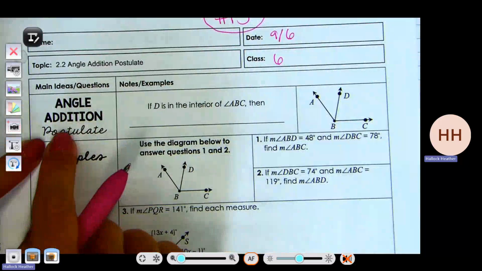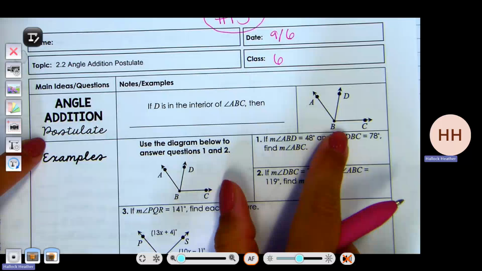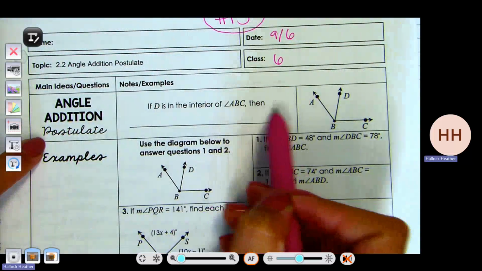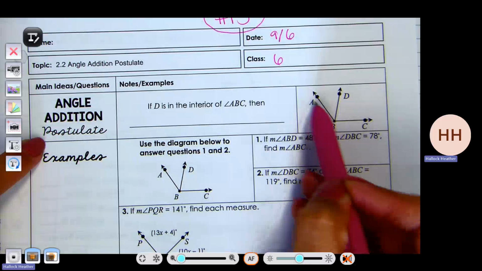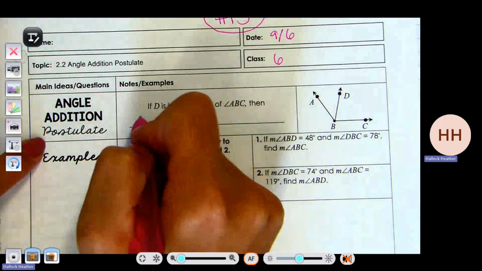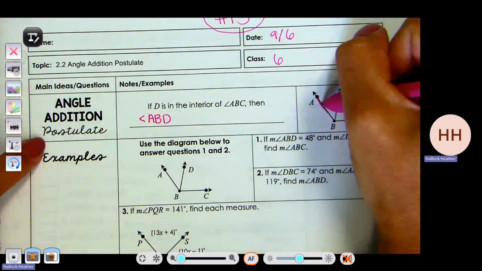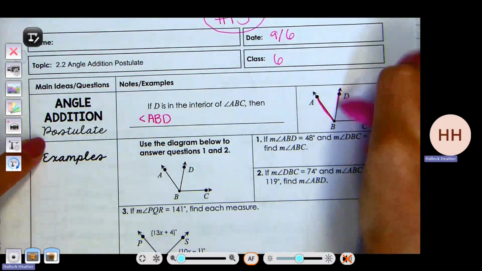Okay, angle addition postulate. So using this picture, I'm going to say if D is on the interior of angle ABC, D is on the inside of ABC, I can say angle ABD, which is this little angle.